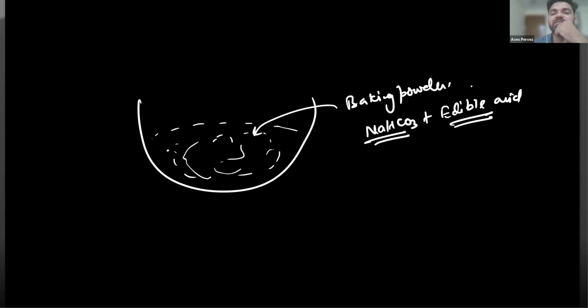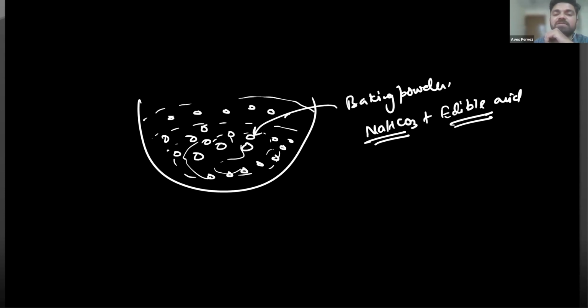When you add water, the reaction will start, and carbon dioxide is produced, because sodium hydrogen carbonate is a metal hydrogen carbonate and this is an acid. So the carbon dioxide will be produced and trapped in the dough, and the size of the dough will increase because of this extra carbon dioxide. It will be trapped in the holes of the dough.